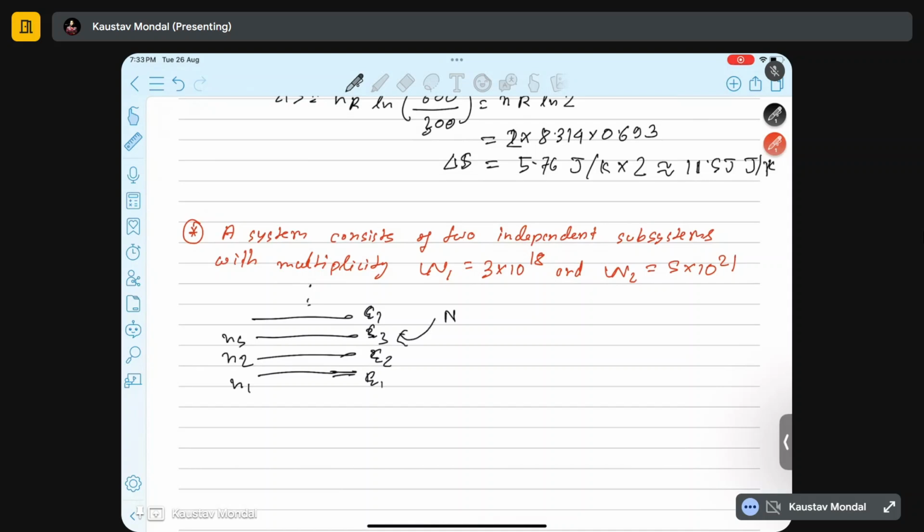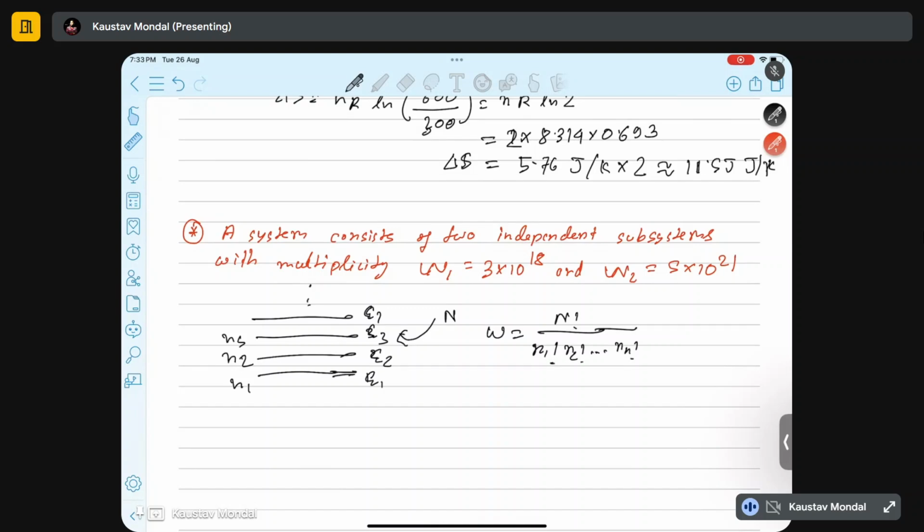In that case, the possible configuration that we have termed the weightage is W equal to n factorial divided by n1 factorial into n2 factorial and so on. We derived this previously.